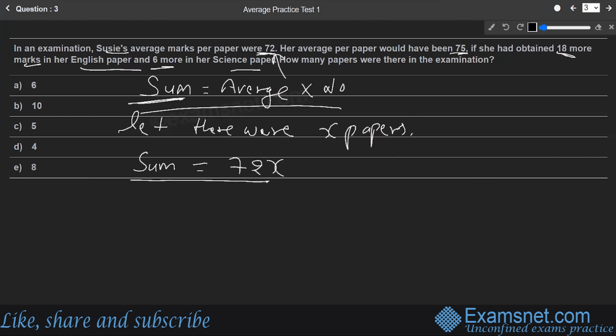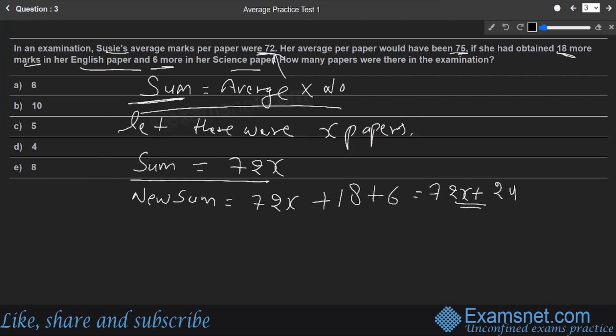Now they say her average would have been 75 if she had obtained 18 more marks in English and 6 more in science. So we can add these marks together. The new sum will be 72x, the old sum, plus 18 more in English and 6 more in science, that is 72x plus 24.